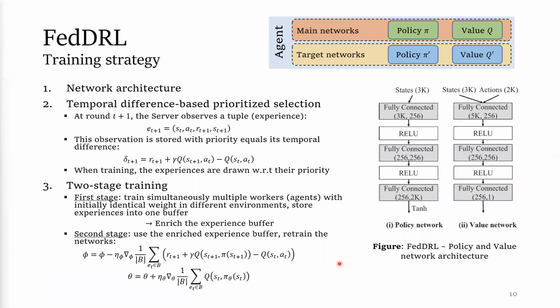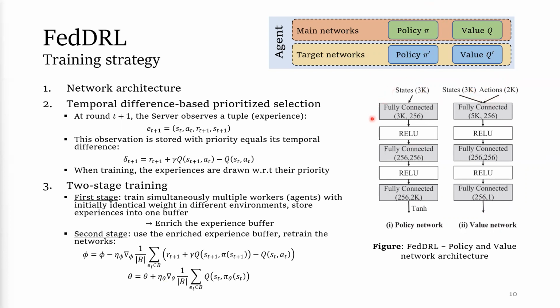Okay, so now we are going to move to the network architecture. We design relatively light networks since heavy networks would take a lot of time to train. Inspired by the DDPG algorithm, we use a total of 4 networks, 2 main networks and 2 target networks, in which the policy networks output the actions, while the value networks estimate the goodness of an action in a particular state.